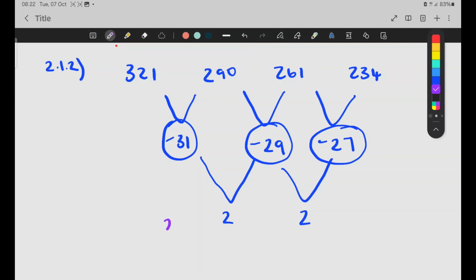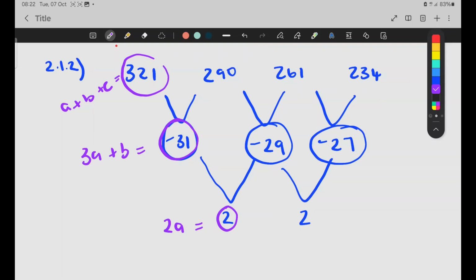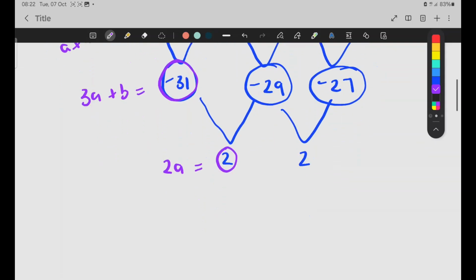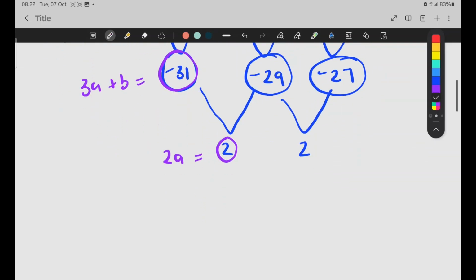And so let's go. We're going to say 2a is equal to this number. And 3a plus b is equal to this number. And then a plus b plus c is equal to that number. So 2a is equal to 2. Divide both sides by 2 and I get a to be 1.